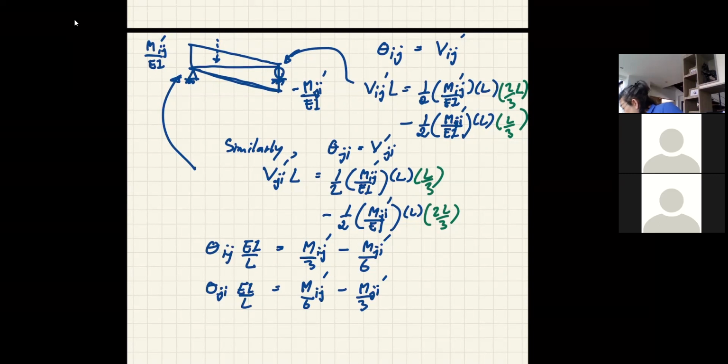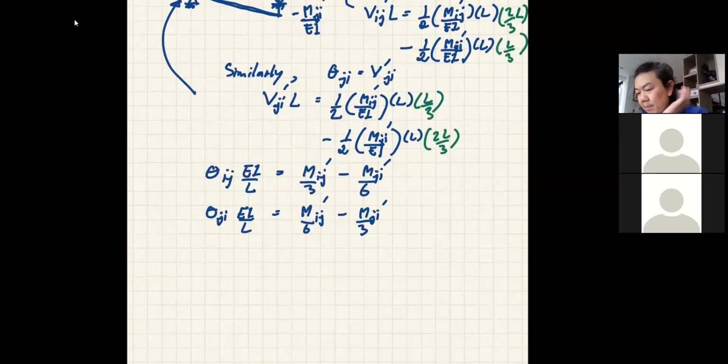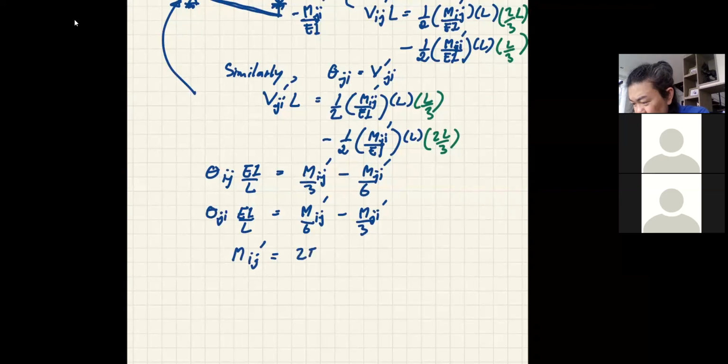Okay. And now you can solve for this and put it in the form as Mij prime is equal to 2EI over L, 2 theta ij plus theta ji.